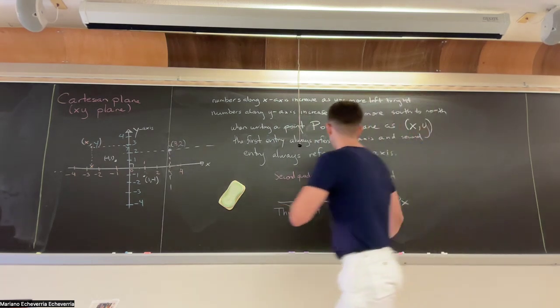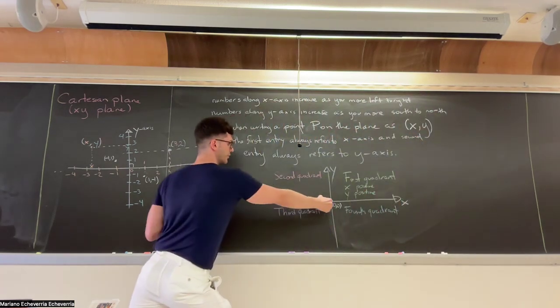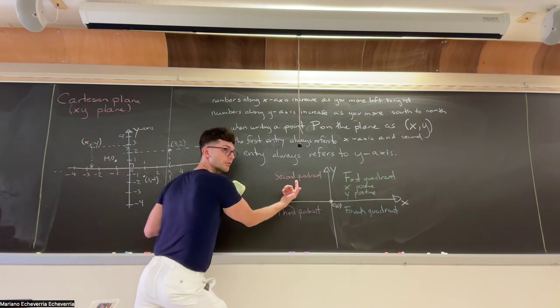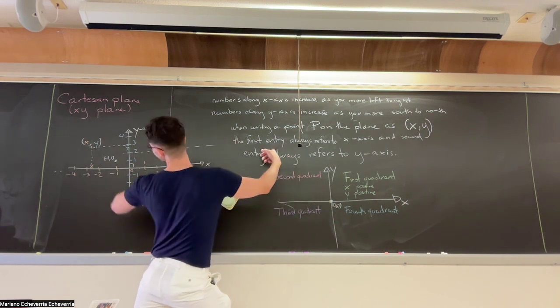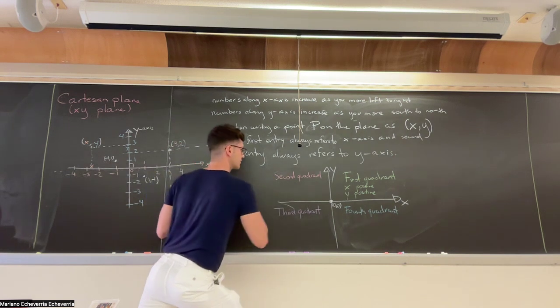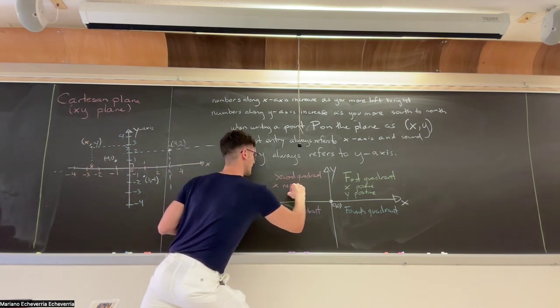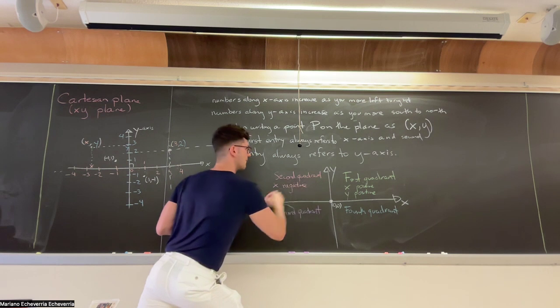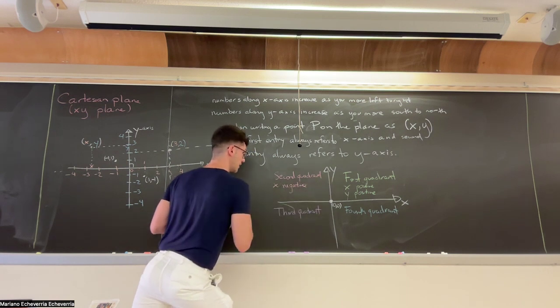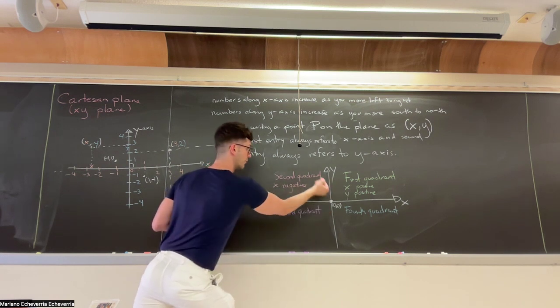Whereas in the second quadrant, how do you move from the origin? You have to move west and then north. Moving west is moving negatively in the X direction, so X is going to be negative, and Y continues to be positive because you're going north.